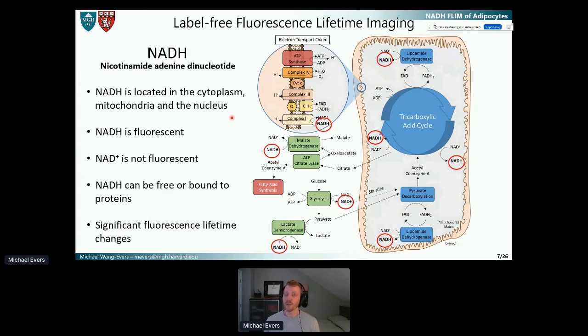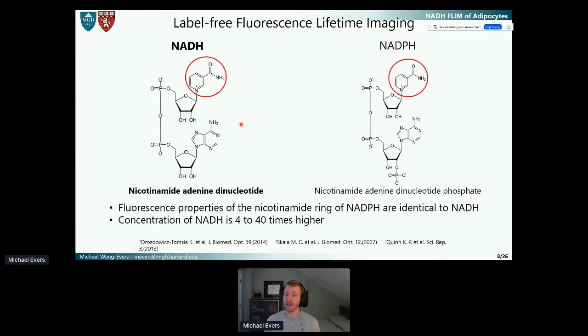So that always shows that there are differences in fluorescence intensity, but also, as most of you probably know, NADH can be bound or free depending on where it is in the cell, and the environment can change the fluorescence lifetime drastically. NADH has this nicotinamide ring that is causing fluorescence.